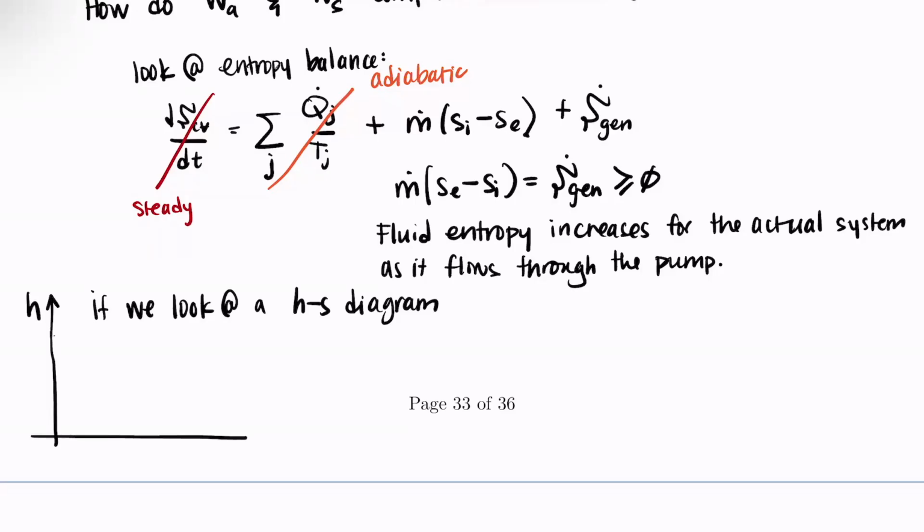So we have enthalpy h versus entropy s. All right, and then this is our isobar, our Pe isobar. We know that our exit pressure has to stay the same. So if we start at our inlet state on this isobar, this is the Pi isobar.